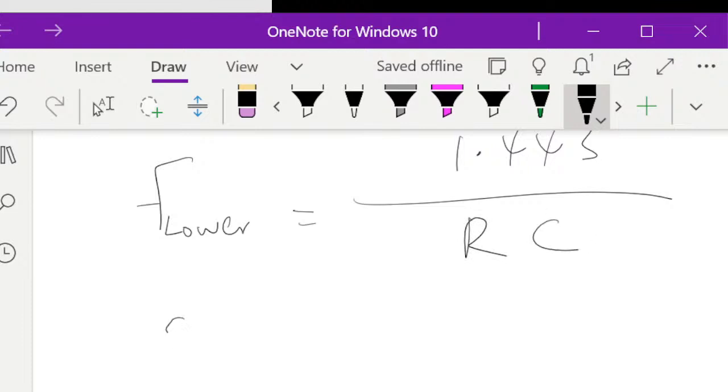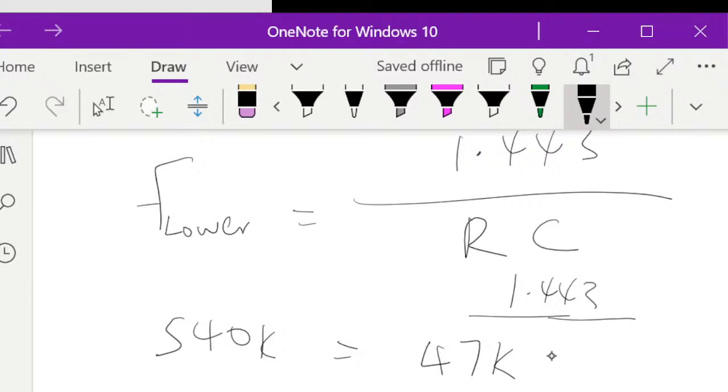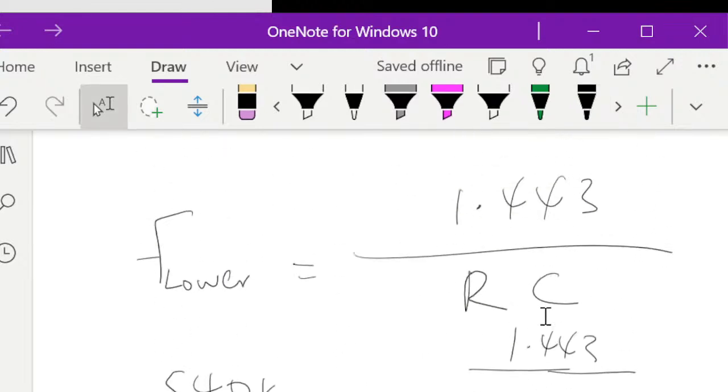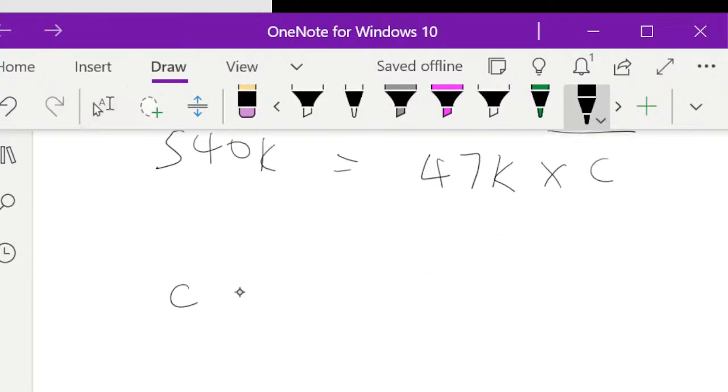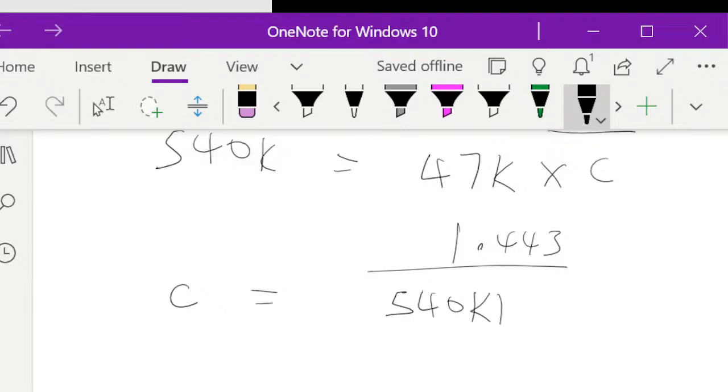Then F lower is 540 kilo is equal to 1.443 over R, which is 47 kilo times C, such that if you cross multiply, C is equal to 1.443 over 540 kilohertz.